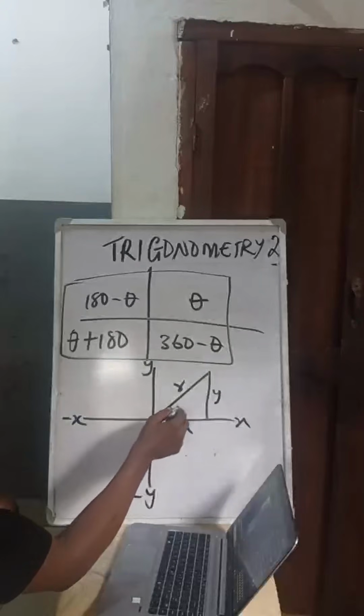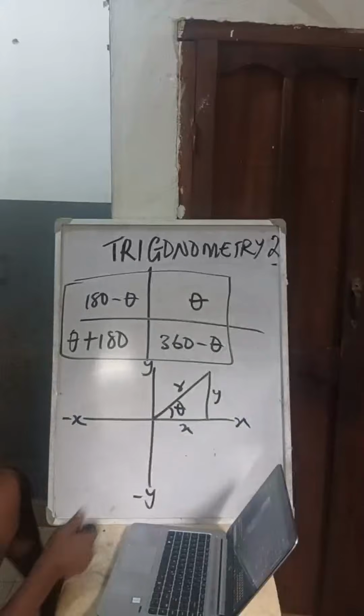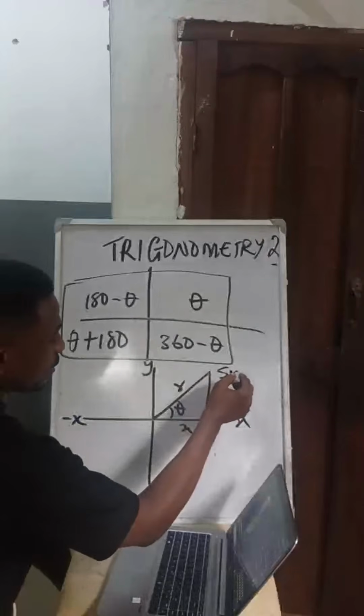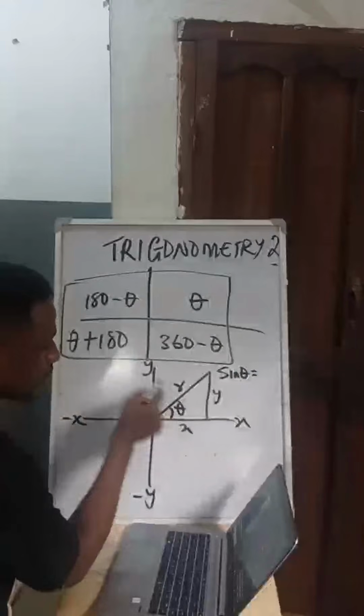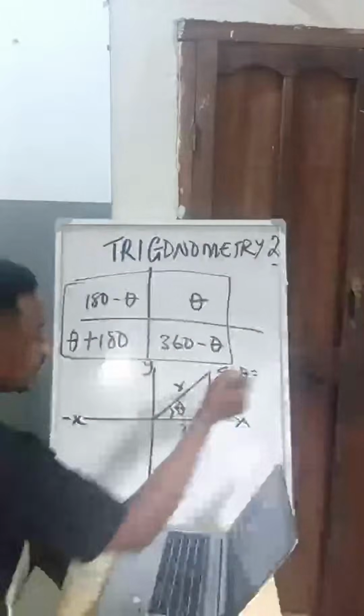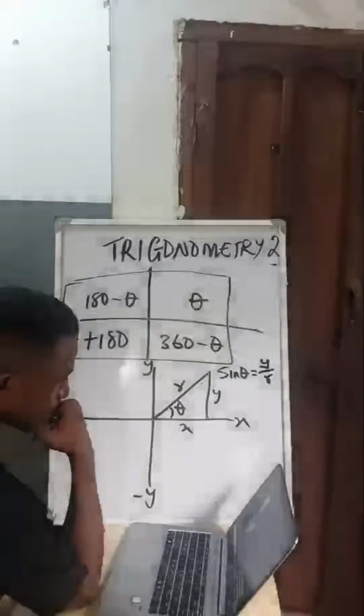Okay, now, why is this place positive? Sine theta is equal to opposite over what? Hypotenuse, R. So y over R. Is it positive or negative? Positive.